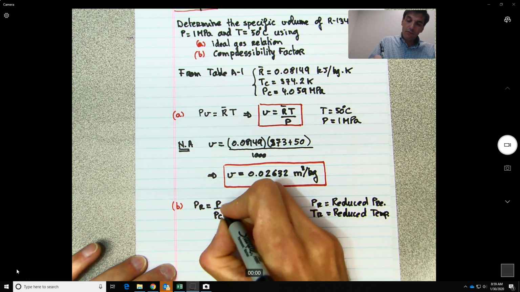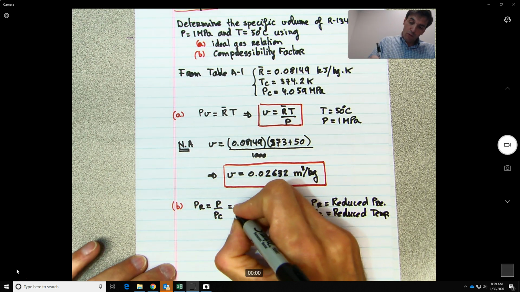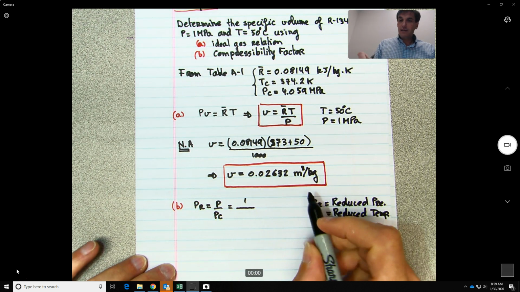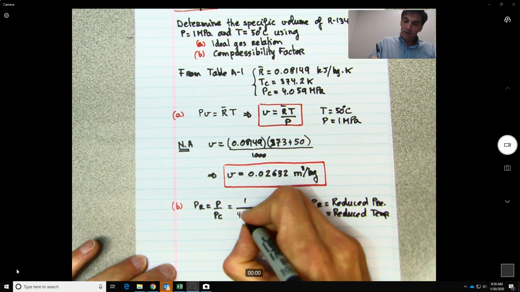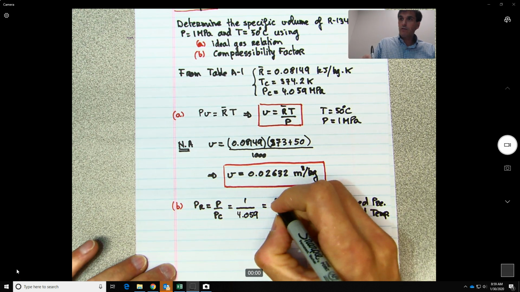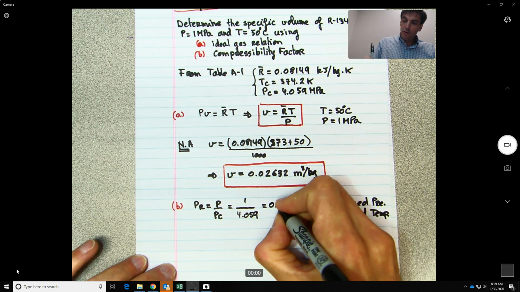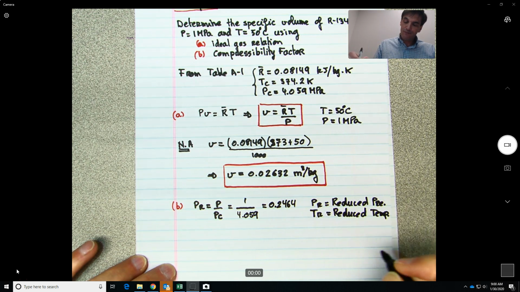So PR is equal to 1 megapascal divided by the critical pressure 4.059, which is equal to 0.2464.